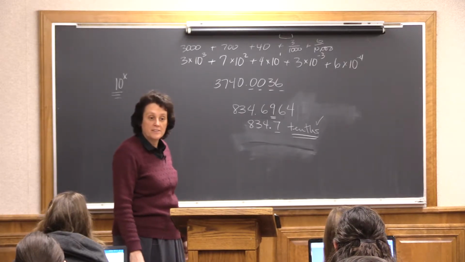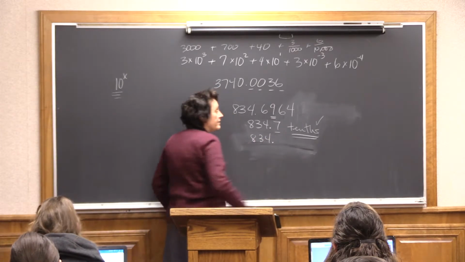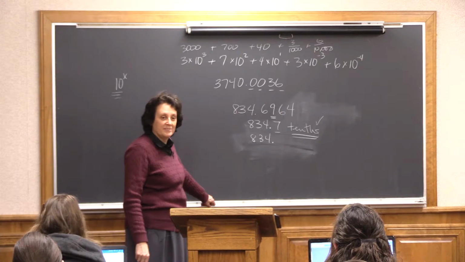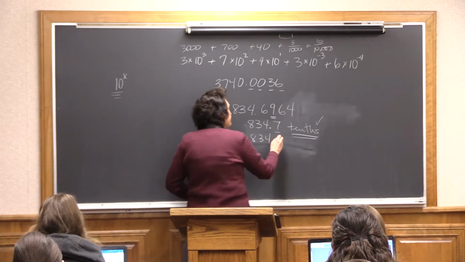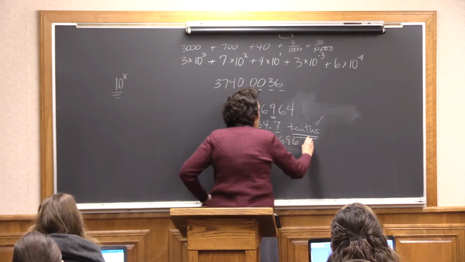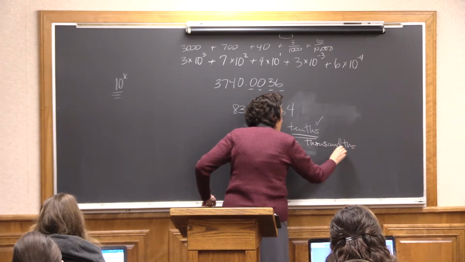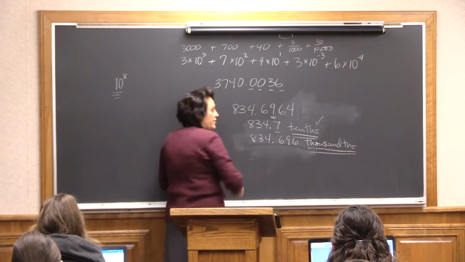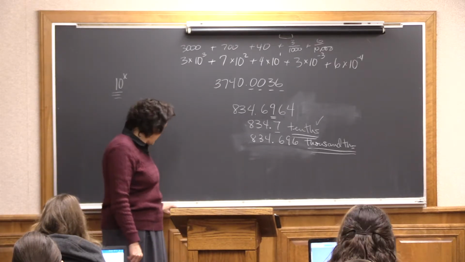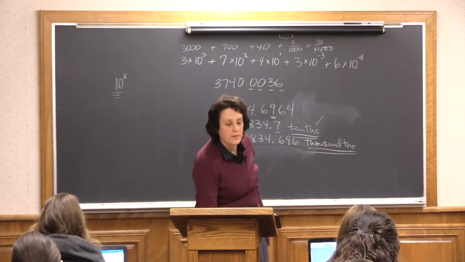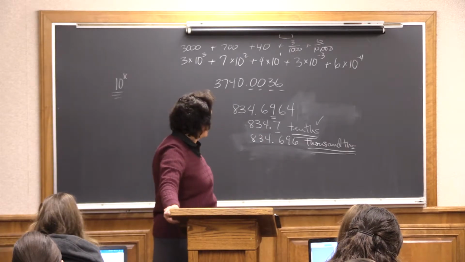Nearest thousandth. 834 and 696 thousandths. So we've got to make sure that when we're rounding, our place value matches our directions. Okay? For some reason, like I said, there's always a big problem with rounding behind the decimal point. So we have to have means to overcome that.